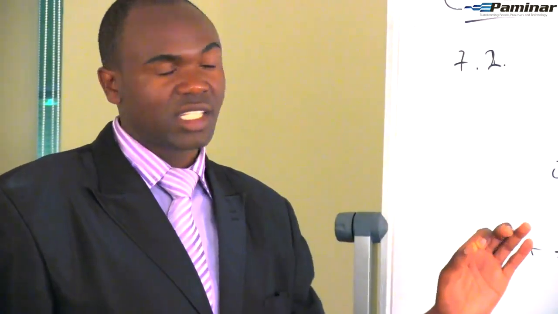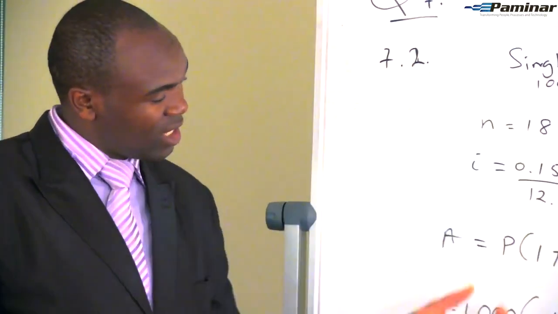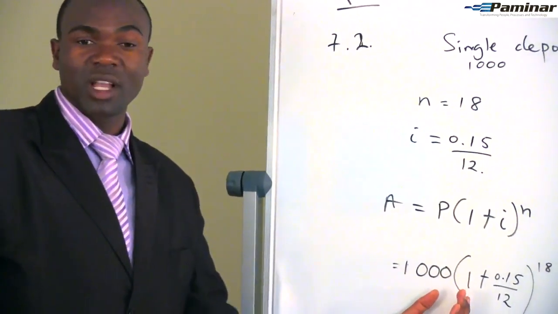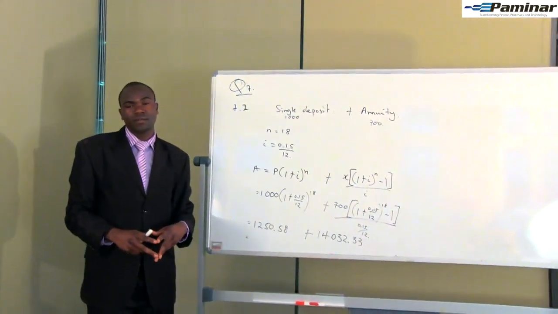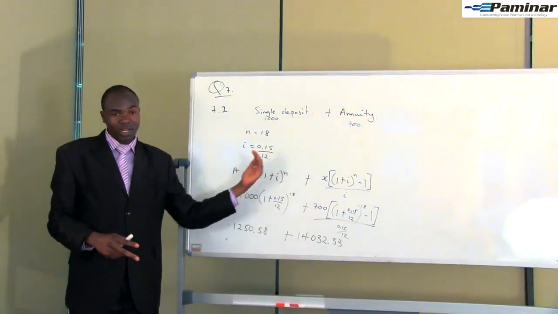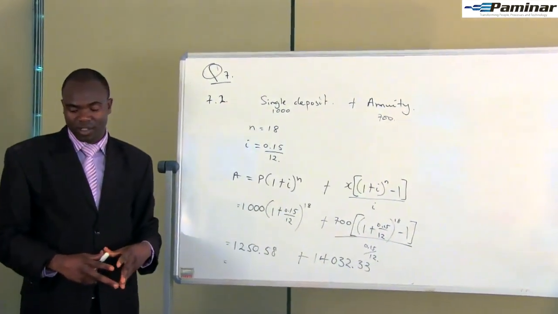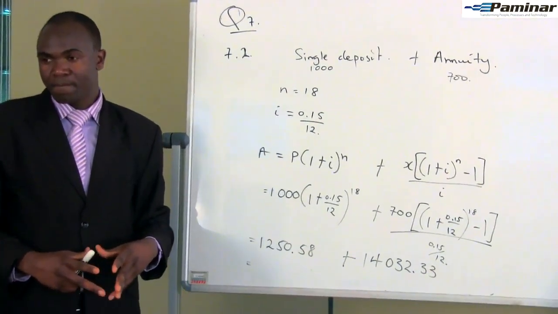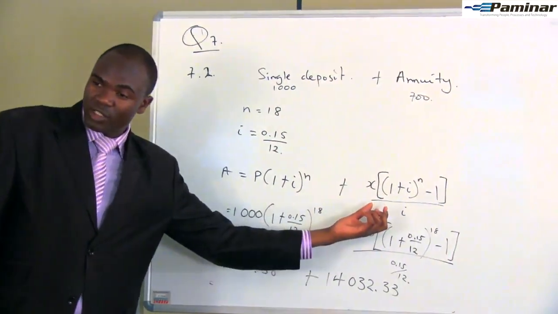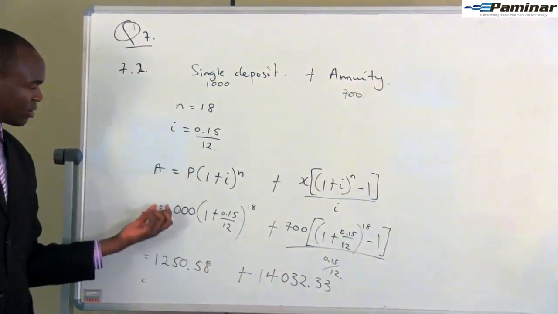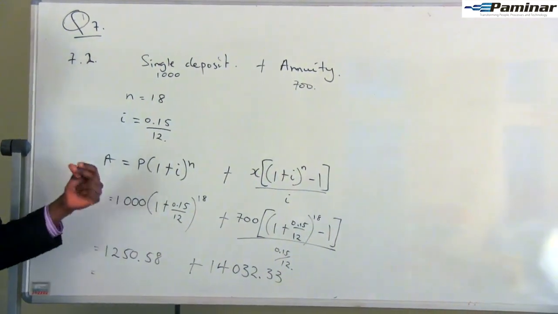Separate them, and then you really understand. Even if you make a mistake on one, you get some marks for the single deposit, and on the annuity you also get some marks. So it's very, very important to separate the two. If you understand which formula to use for the annuity and which for the single deposit, then that's it.